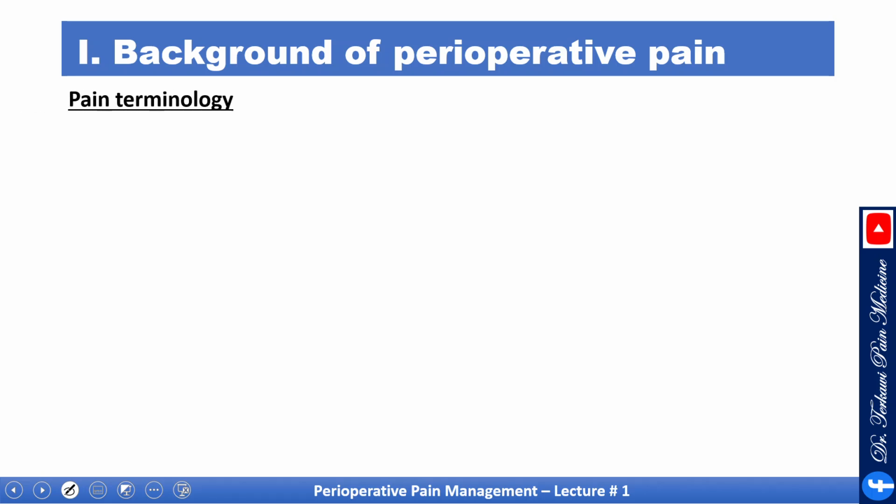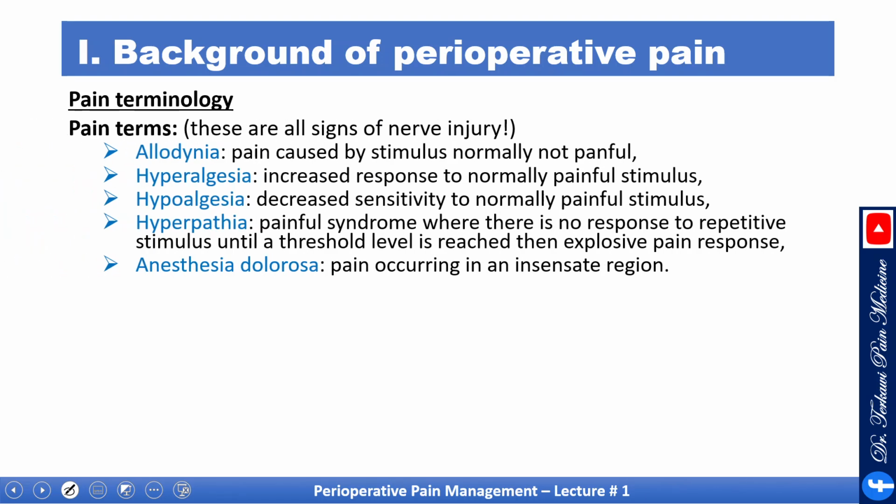Now, important terminology to consider. These are signs of nerve injury. So, allodynia, pain caused by stimulus, normally not painful. Hyperalgesia, increased response to normally painful stimulus. Hypoalgesia, decreased sensitivity to normally painful stimulus.